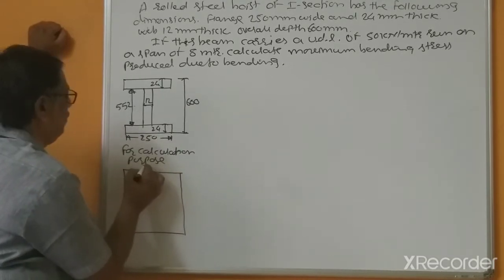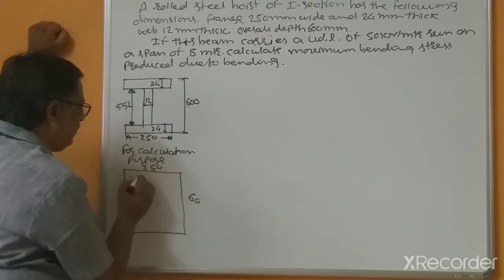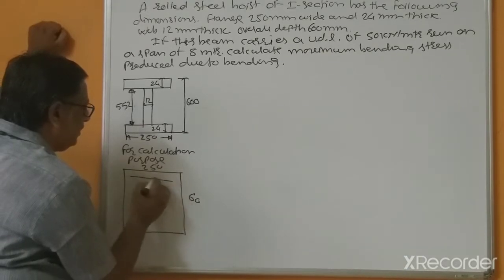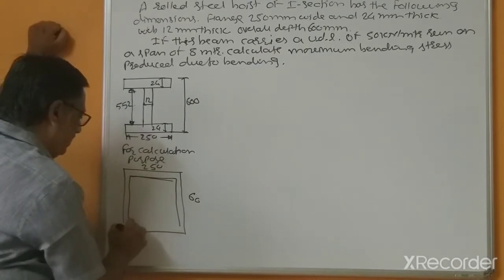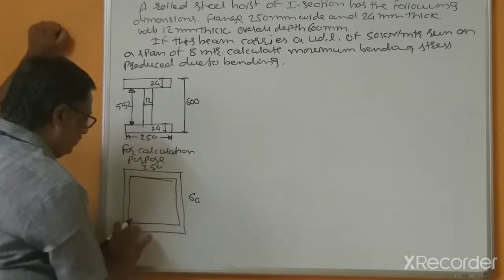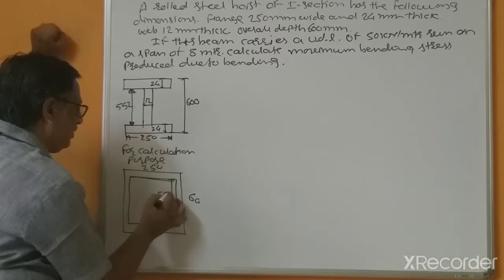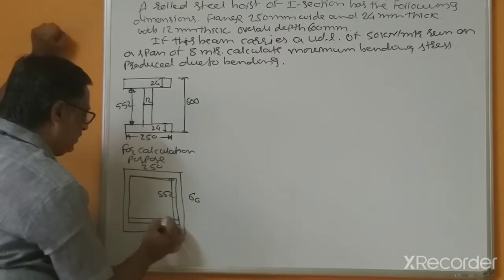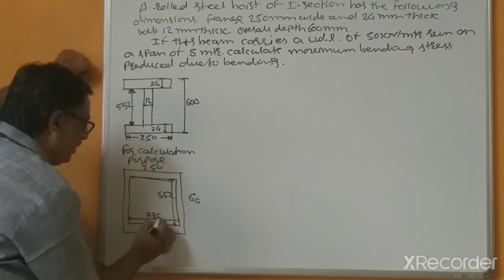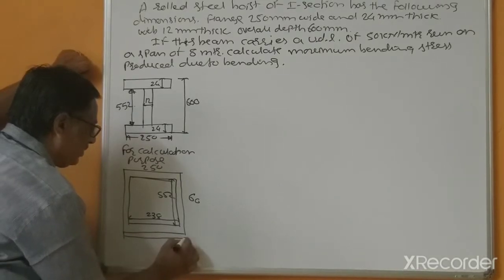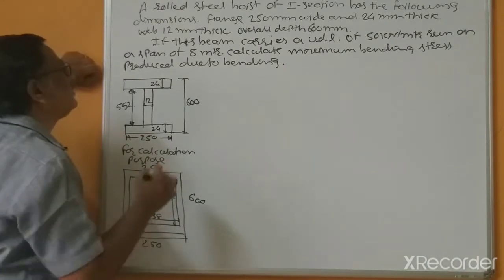So this is 250, this is 600, this is 12 mm and this is 24. Likewise we can modify the hollow portion, and this is 552. Inside, 250 minus 12 gives 238, outside 250. So these are the dimensions.